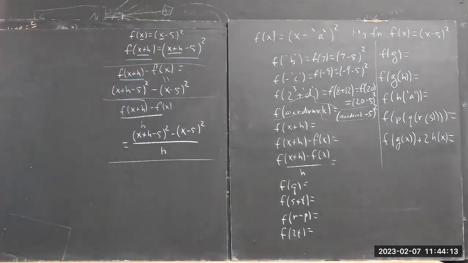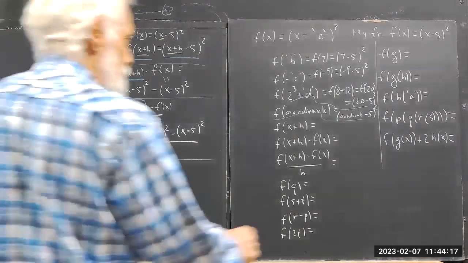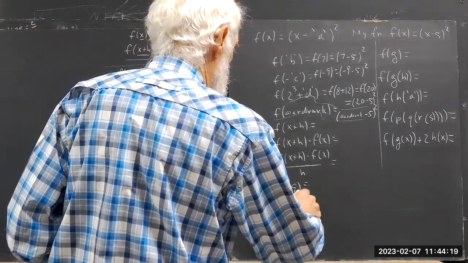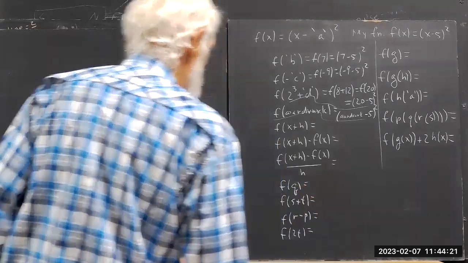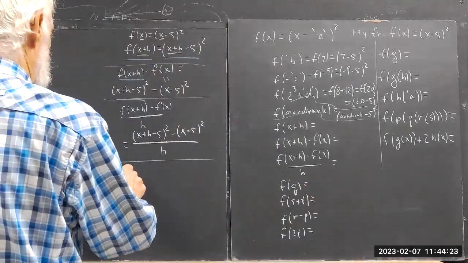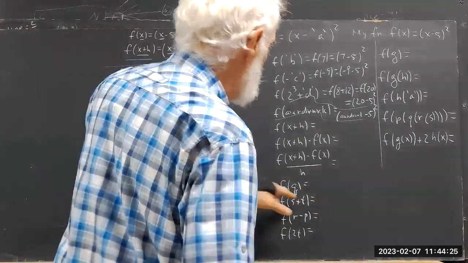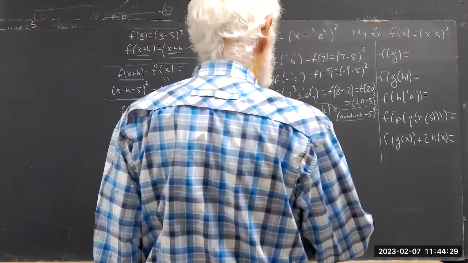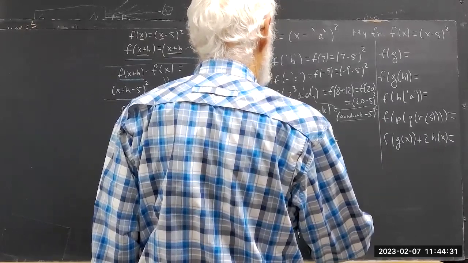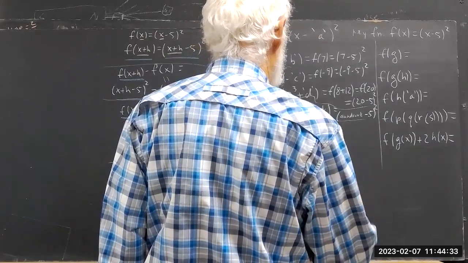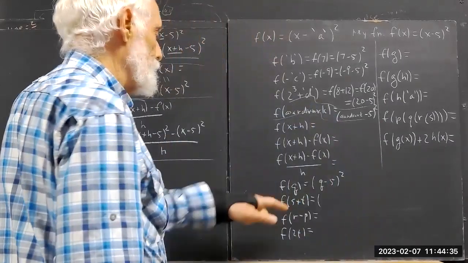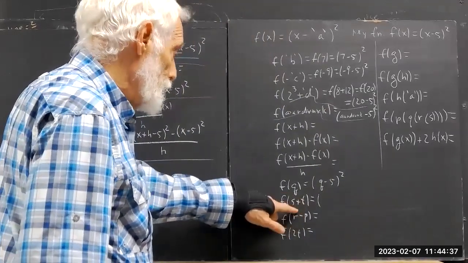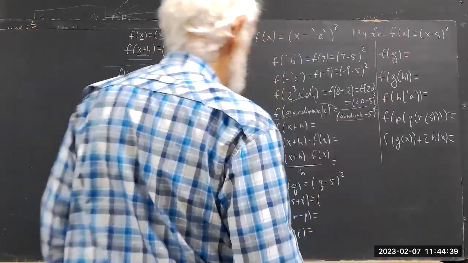Okay. Now, this is supposed to actually be a Q here. You might have read it as a G. But what's f of Q? Well, you're replacing x by Q, so it's got to be Q minus 5 squared. F of s plus t: s plus t replaces x.